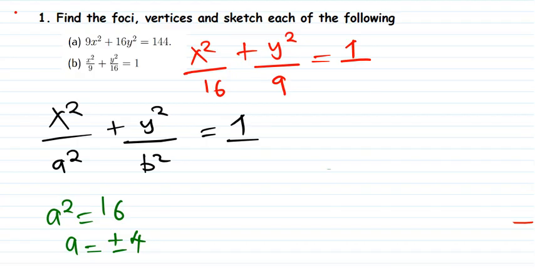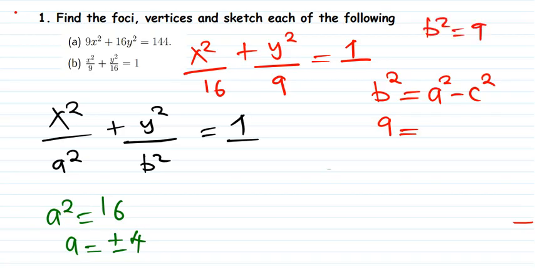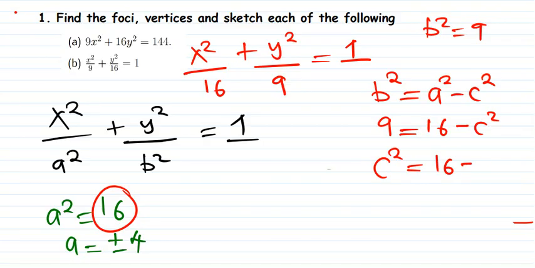Then we find b squared, which is 9. For an ellipse, c squared is a squared minus b squared, so c squared is 16 minus 9, which is 7, so c is plus or minus root of 7.